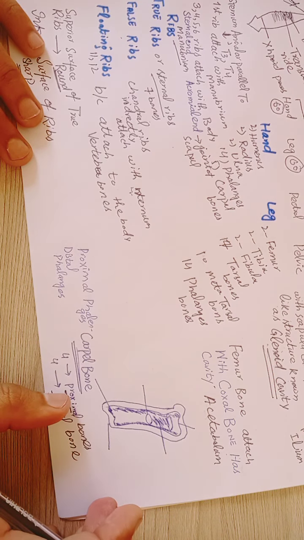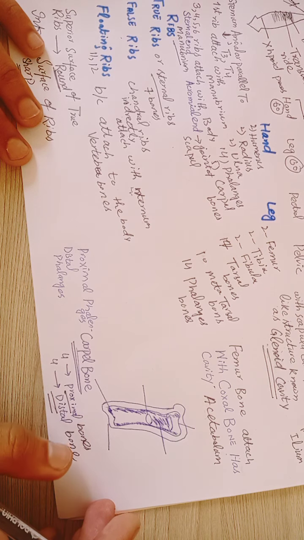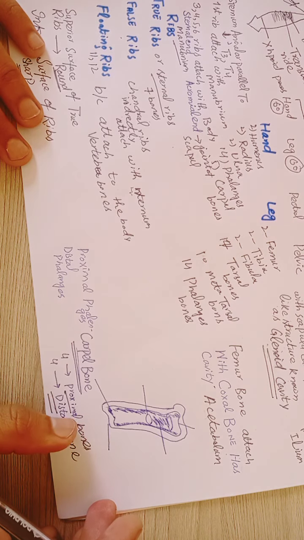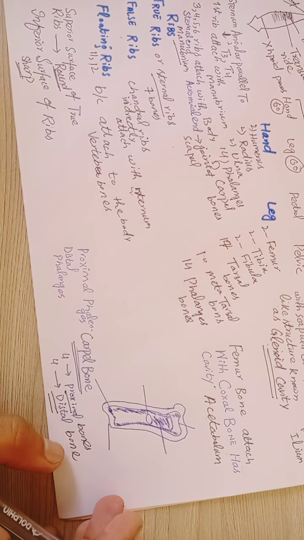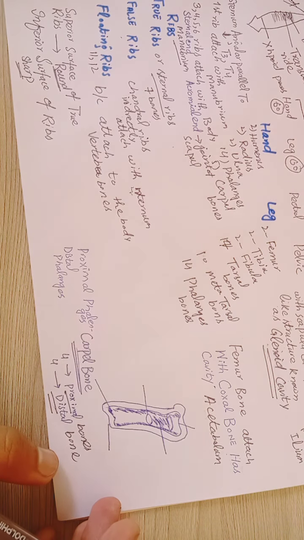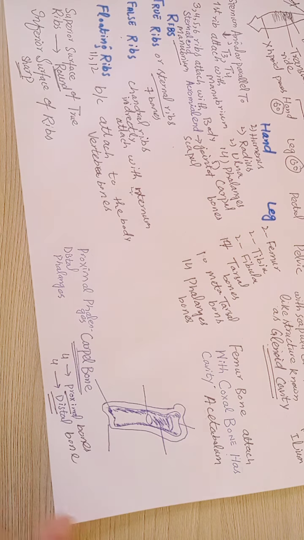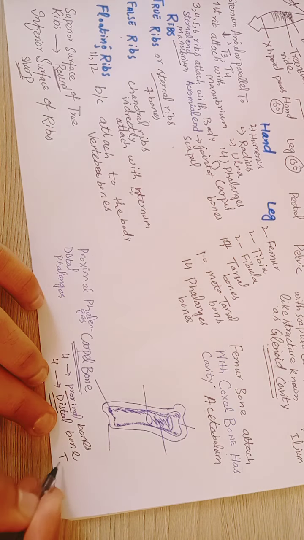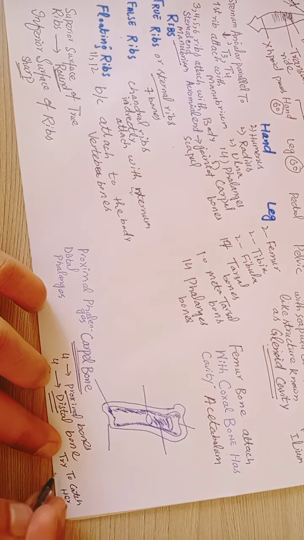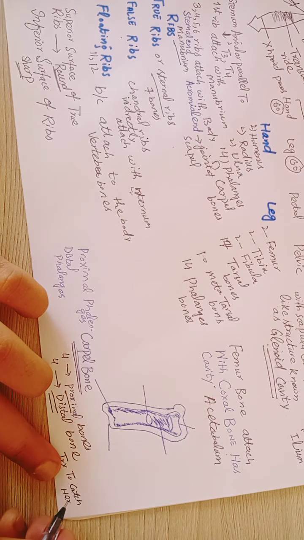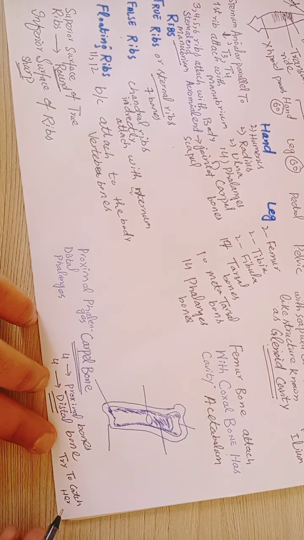S for scaphoid, L for lunate, P for pisiform, T for triquetrum. For the distal bones, the mnemonic is "Try to catch her": T for trapezium, T for trapezoid, C for capitate, H for hamate.